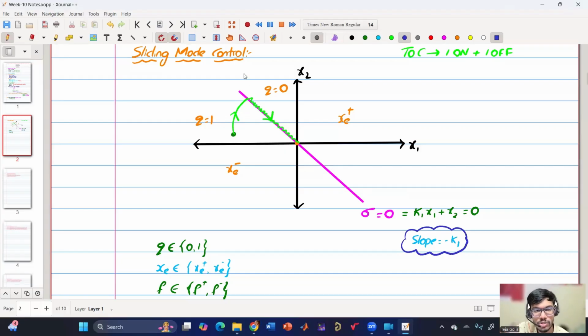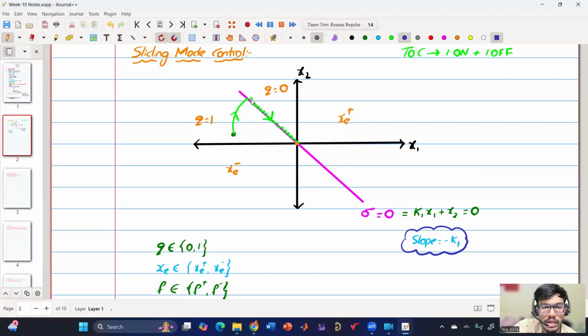But there is one issue in this operation. Say q equals 1 is my on time and q equals 0 is my off time. For a certain duration there will be an on-state trajectory, and for a certain duration an off-state trajectory. But when the trajectory is flowing along the switching surface sigma, q equals 1 is also 0 and q equals 0 is also 0.